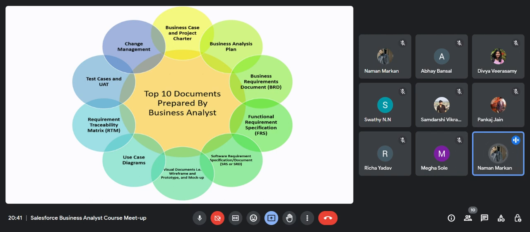So this written document, in some companies, also gives a visual representation of everything involved.